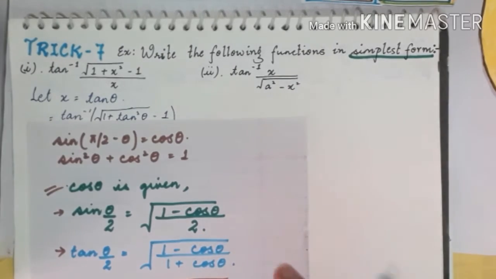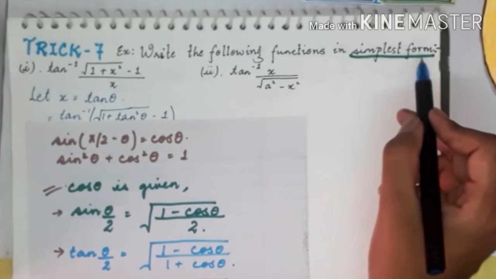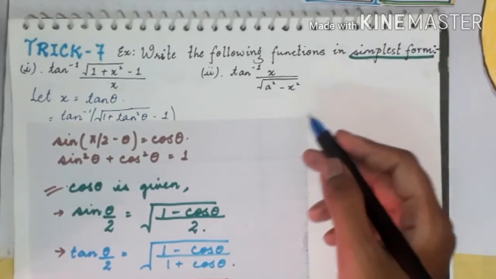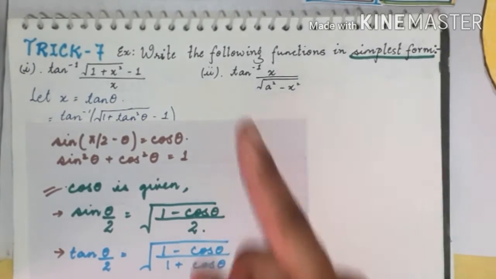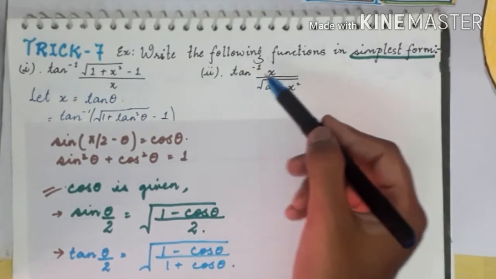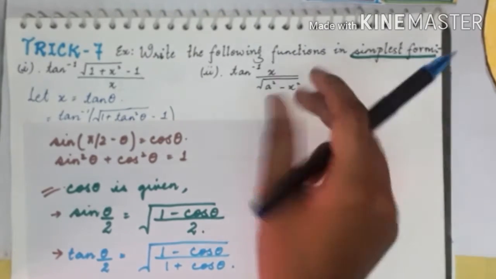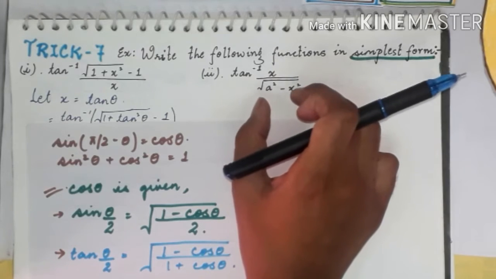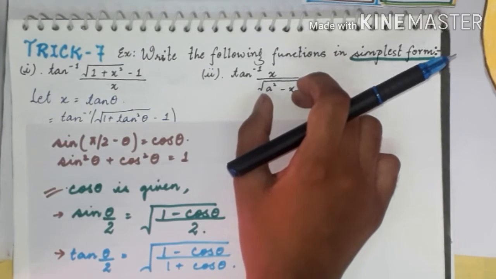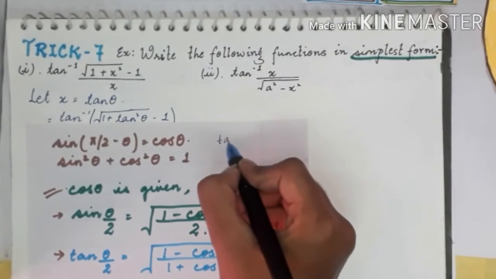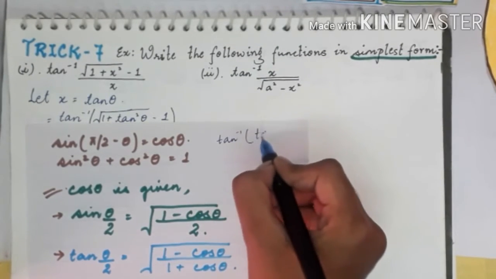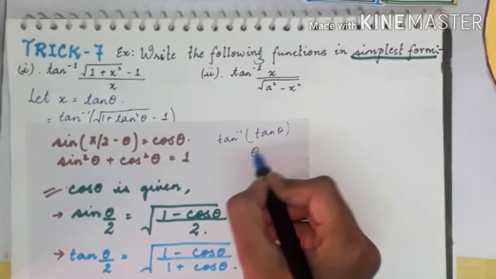So first you need to check. First you have to express this function in the simplest form. That means you have to eradicate this tan inverse. Then second, to eliminate it, you have to find such a value of this expression so that it gets converted into tan theta. Then only this tan inverse along with tan theta will give theta.